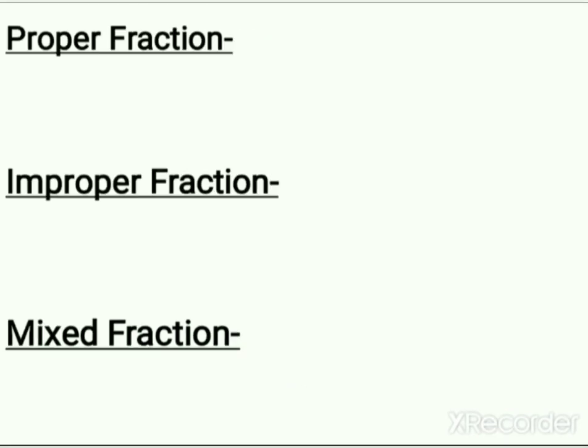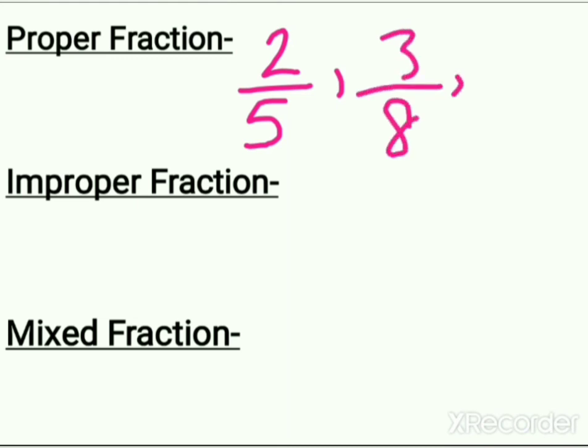Proper fraction. In proper fraction, numerator is always less than the denominator. Like 2 by 5, numerator is less than denominator. 3 by 8, numerator is less than denominator. 2 by 7.